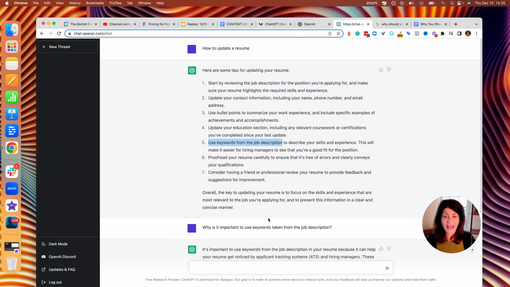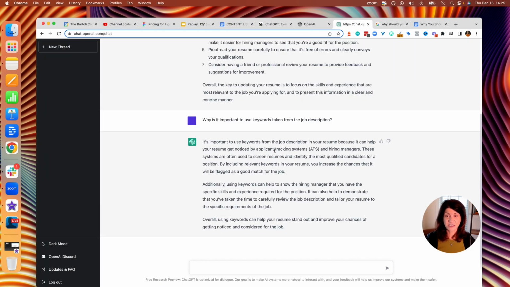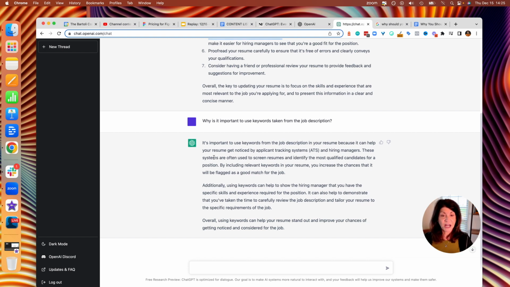So I plugged that into Chat right here just to see what it would pull out. And it just gives me a couple of paragraphs about how it's important to use keywords from the job description in your resume because it can help your resume get noticed by applicant tracking systems and hiring managers. They're used to screen resumes. So it goes into a pretty good detail.